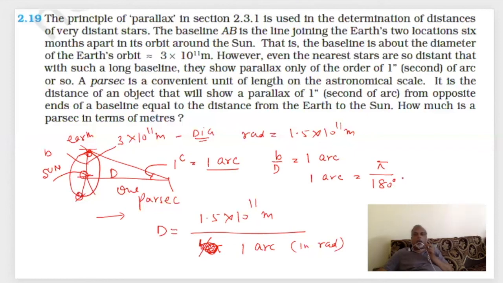That will be 3600. So into 3600. If you put this value here, then this will give you 1 parsec.